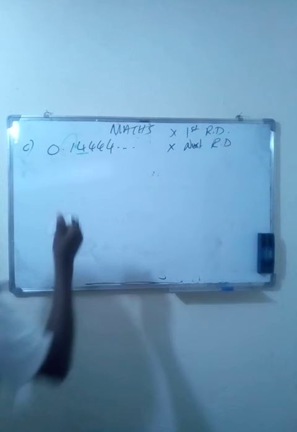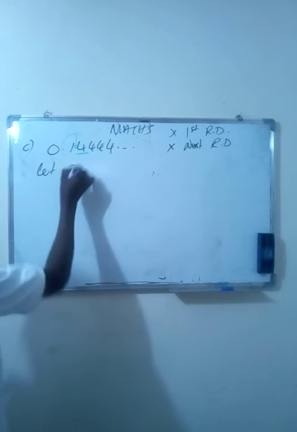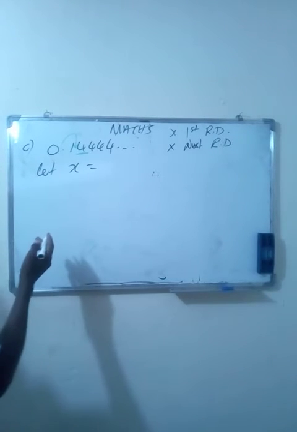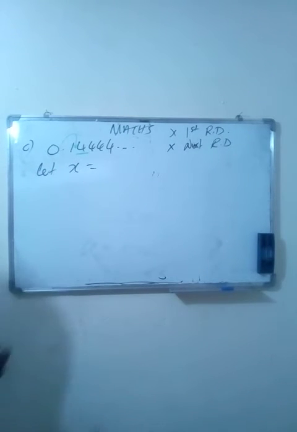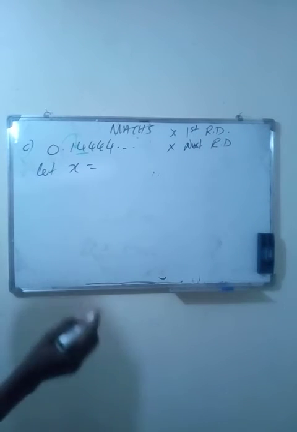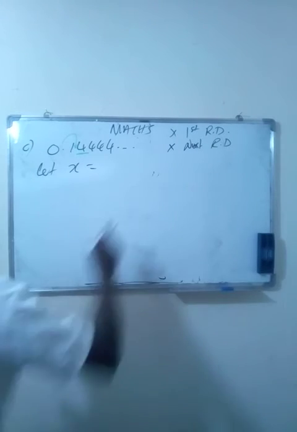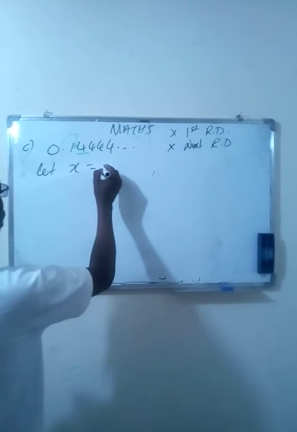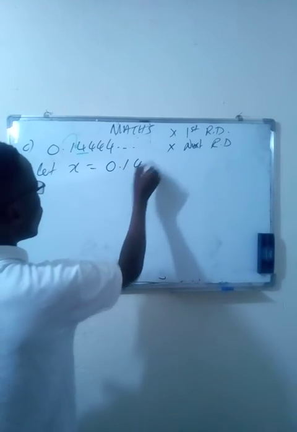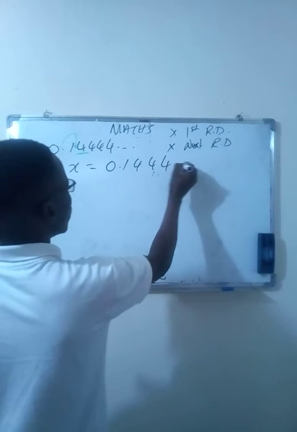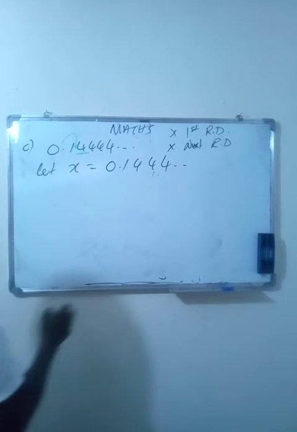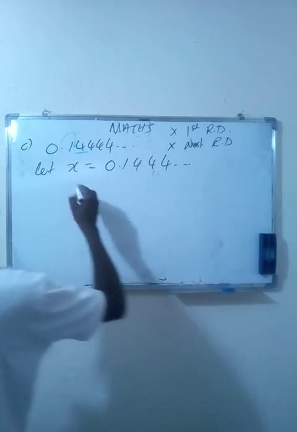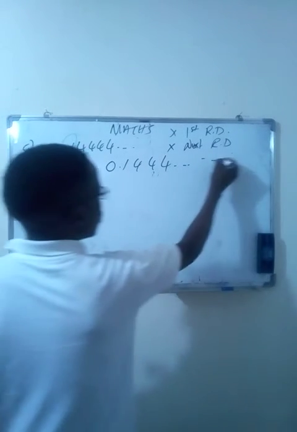So we are going to say let x equal to, we can use any letter, by the way. You can use y, you can use b, you can use a, whichever letter, but I usually like using the letter x. So x is equal to 0.1444 and so on, right? We say this is equation 1.